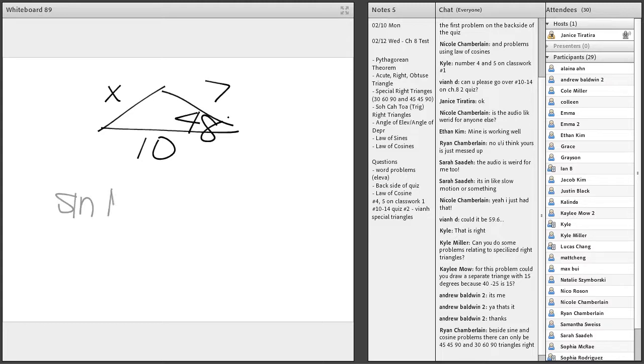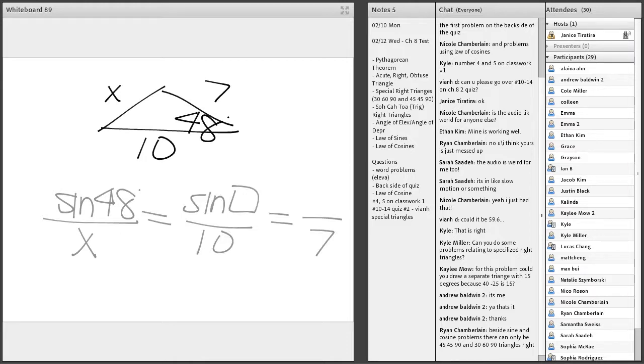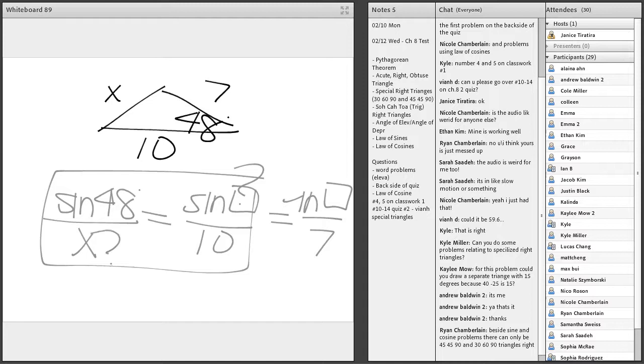So law of sine is sine of 48 over the opposite side x. And then now we're stuck because we got the bottoms, right? But we don't have the angles for those opposite sides. So even if we did the first two, we're stuck because we have 2 unknowns and we can't go forward. So law of sines doesn't work.